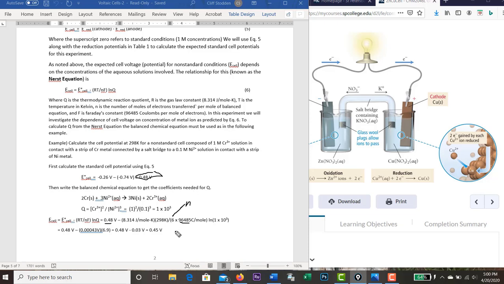That's always the same number. And for the natural log of Q, they put in 1,000. So if you put all those numbers in, then for this whole expression, RT over NF ln Q, it comes out to be 0.03. So you end up with 0.48 minus 0.03, and you get a reduced voltage, which makes sense because anytime you reduce the concentration of the reactant, which is what you're doing in this case, your voltage is going to go down.